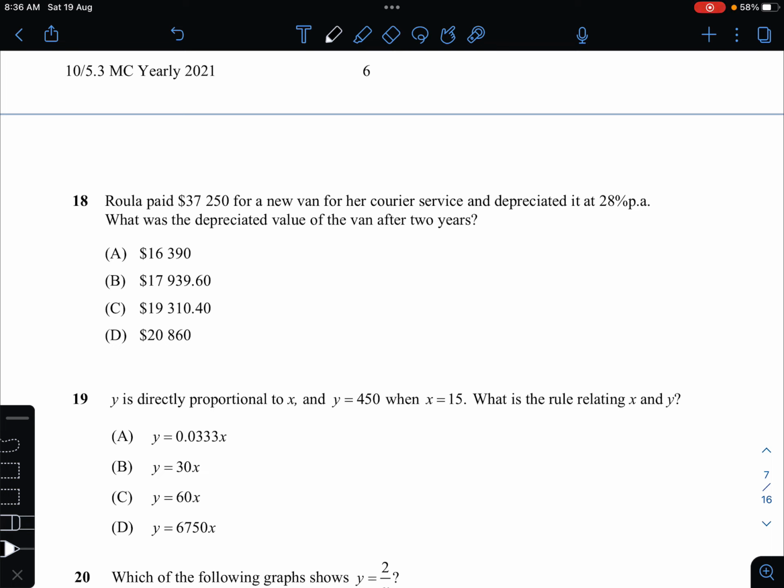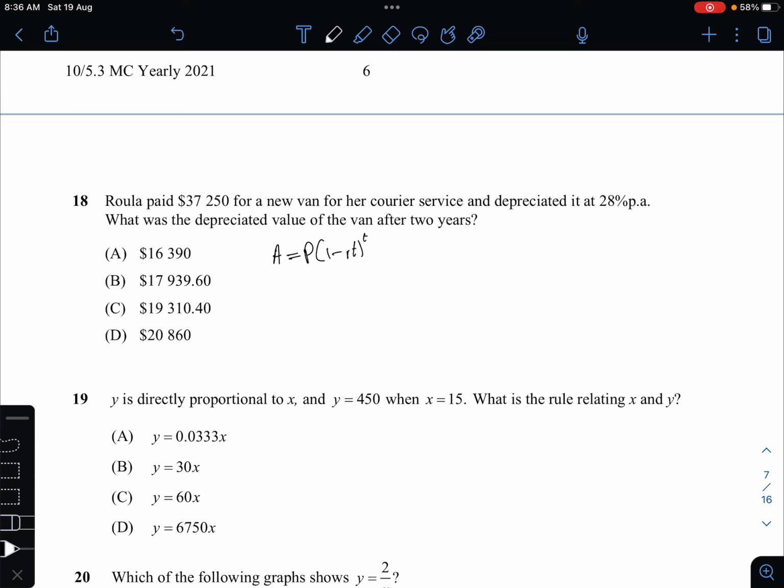Again, sorry, I haven't been taught this. I'm just sort of working it out on the fly, which would be just the same formula, I guess. So A is P(1 minus RT) to the power of T, I think is the formula.